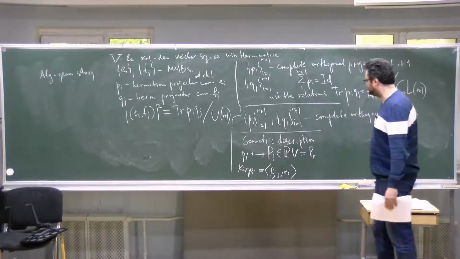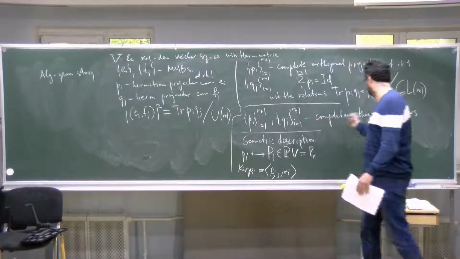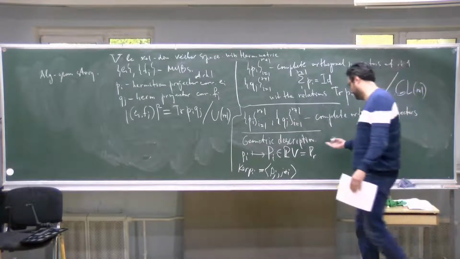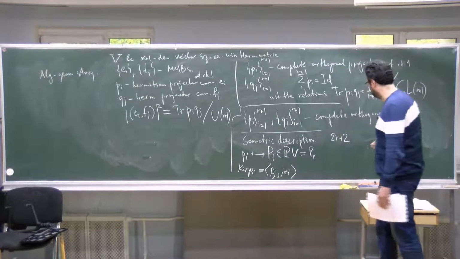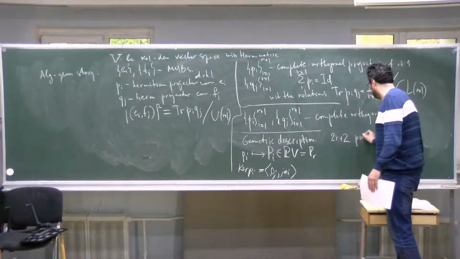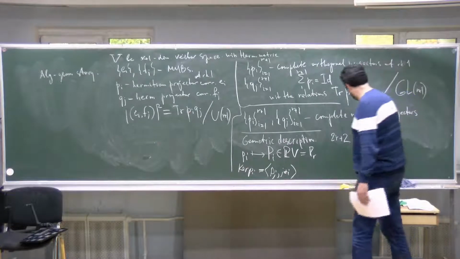Analogously, for the second set of orthogonal projectors, we have 2R plus 2 points in PR.